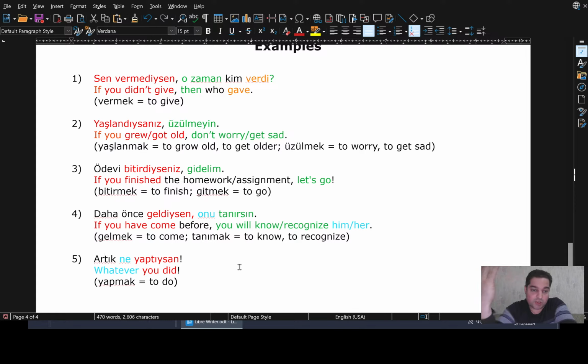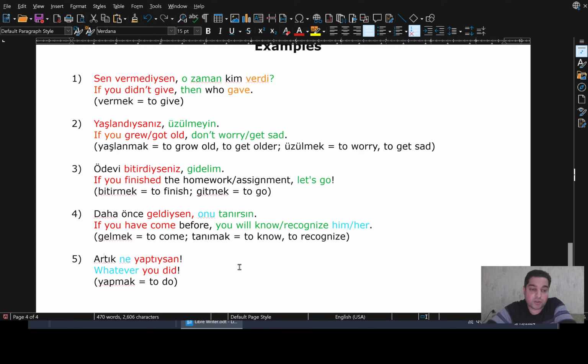"Artık ne yaptıysan", okay. Now here you see it's not necessarily the example that you see in the previous sentences. It's just a structure, and this structure can be used in different ways like this, without any condition specifically. So whatever you did, okay, here you see it's conditional, right? It's the conditional mode of the past tense, but ultimately you don't have any condition specified here.